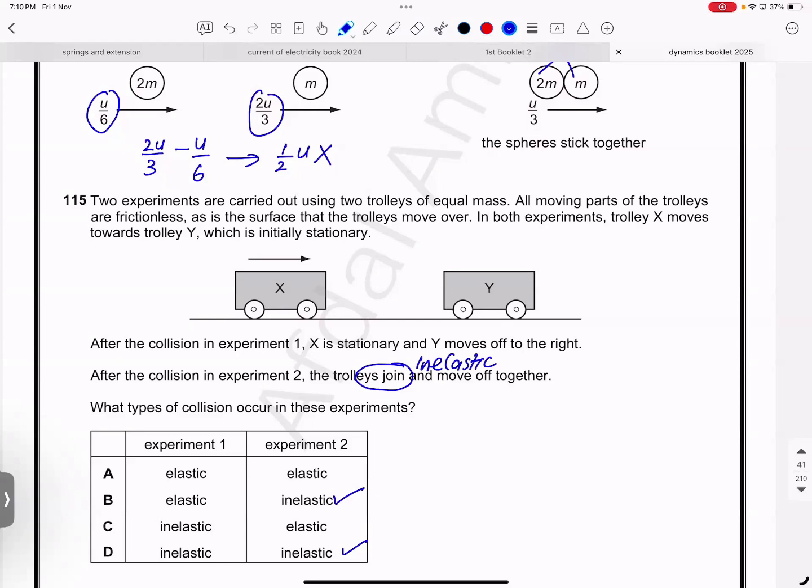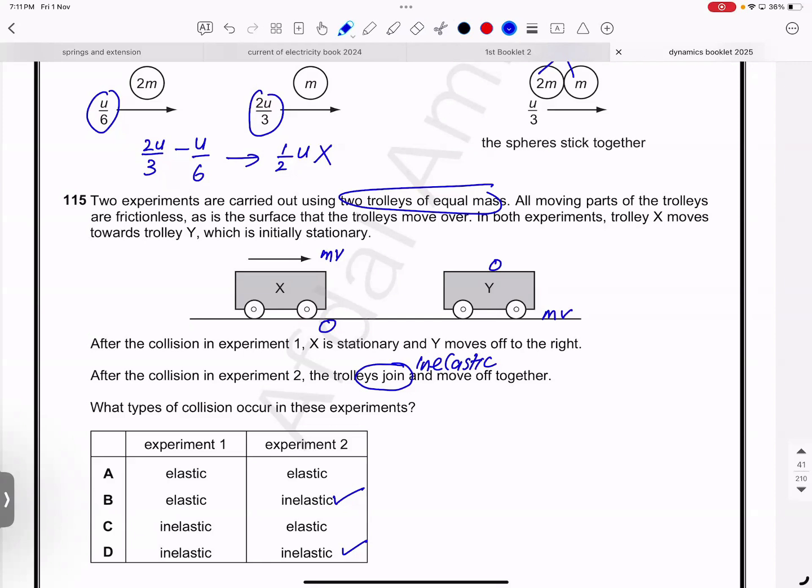Experiment 1 is elastic. Why elastic? Let's check. Y was stationary, X was moving, and it has momentum mv. After collision, X will be stationary and Y will be moving, because the trolleys have equal masses, it's written in the question.